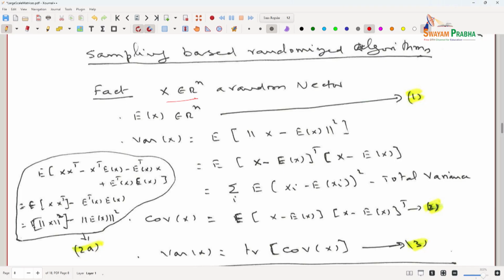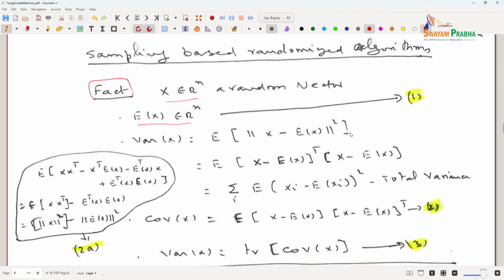So sampling based. Let X be a random vector. I am going to now go back to several facts from probability theory just to quickly remind you. If X is a random vector, its expected value is also a random vector.